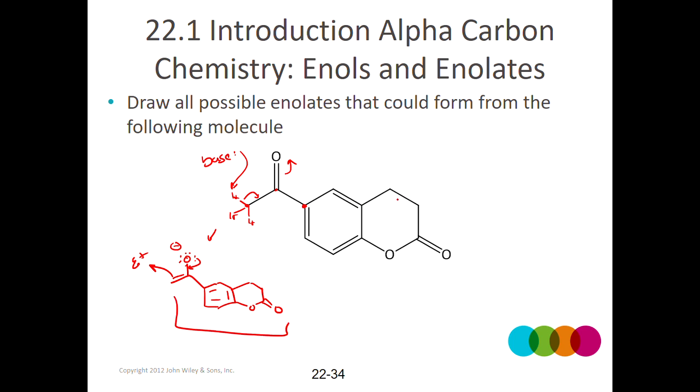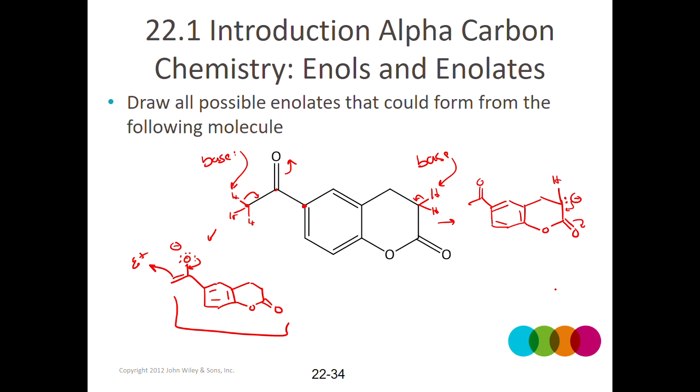Do I see any other alpha protons anywhere? So these protons are alpha to a ketone. These 2 protons are alpha to an ester, but still alpha, because for the same reason, if a base were to pick off one of these protons and electrons stay behind, the negative charge that will be formed there, there'll still be 1 proton left, is stabilized through resonance with the oxygen.